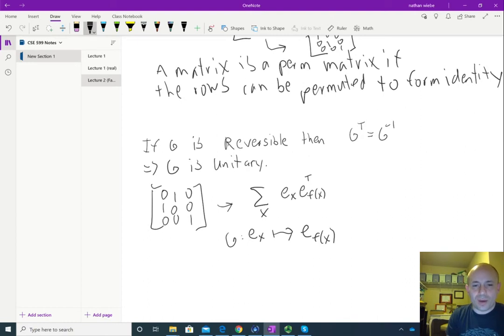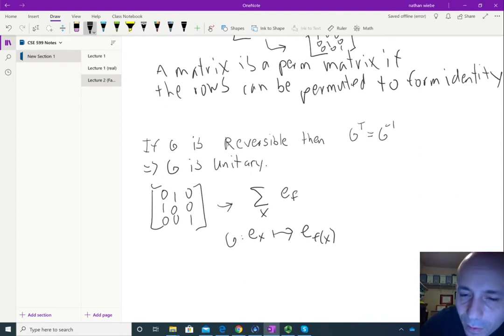I think I might have gotten that mixed up. I mean E f of x over here and E x transpose there.